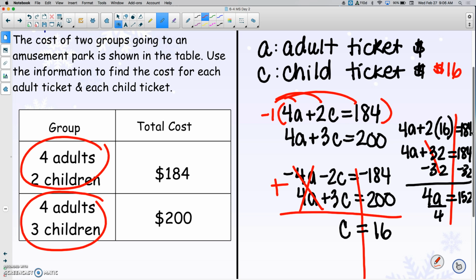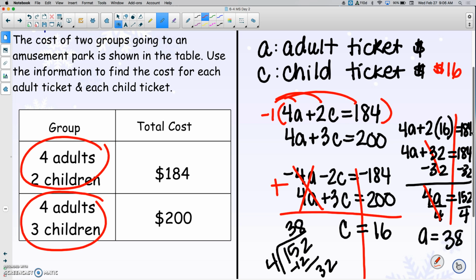And then if I divide by 4, 152 divided by 4, 4 times 3 is 12, and then 4 times 8 is 32, so $38. So 38 for each adult ticket and 16 for each child. And that's our last example today.